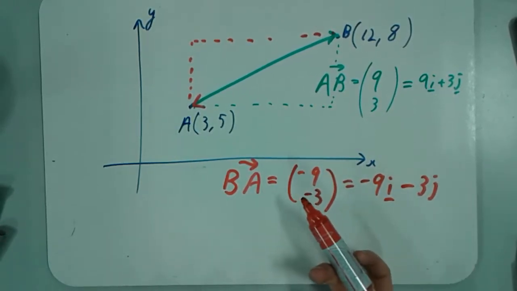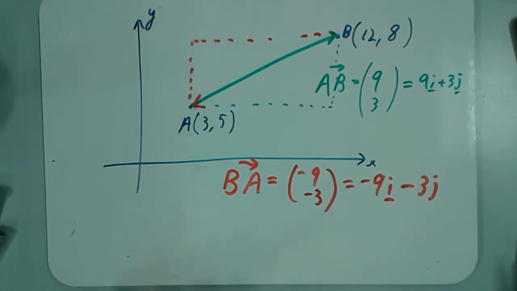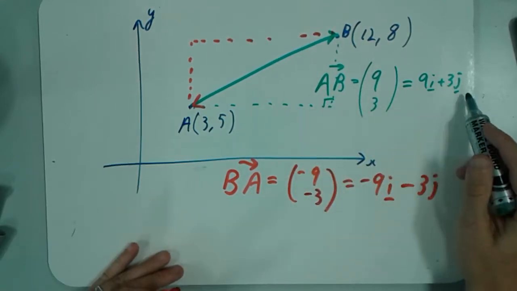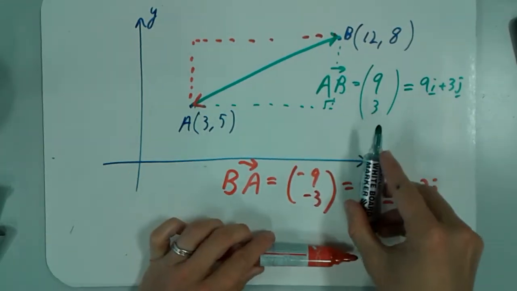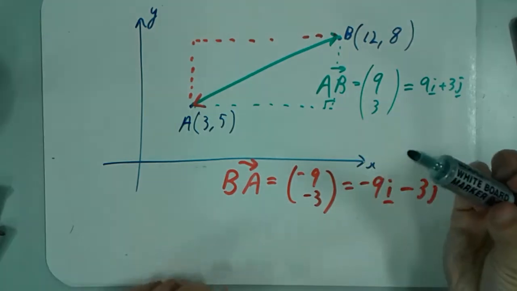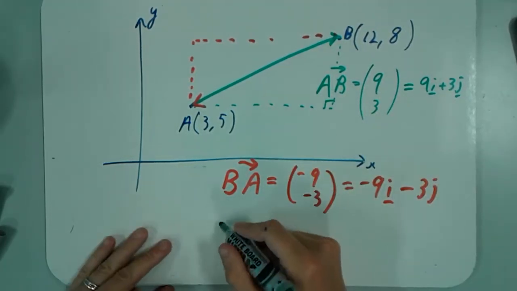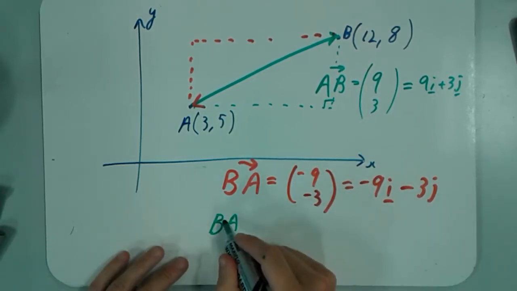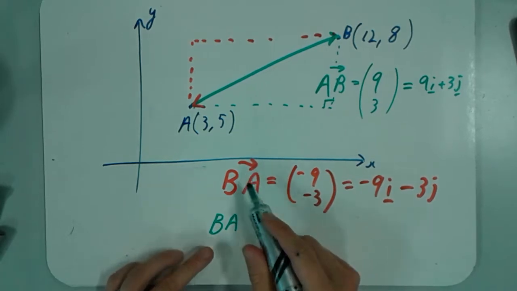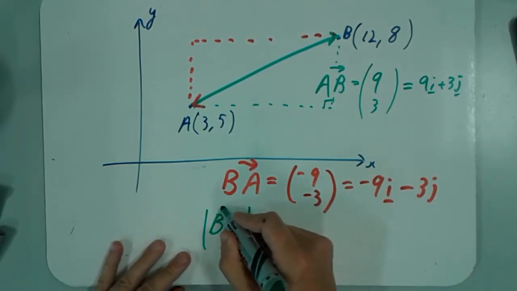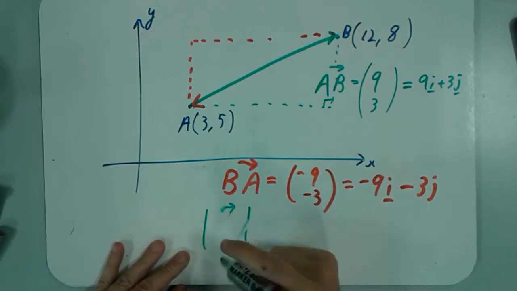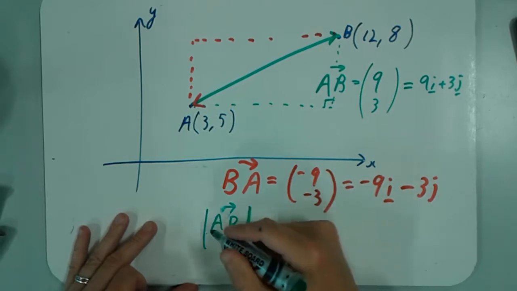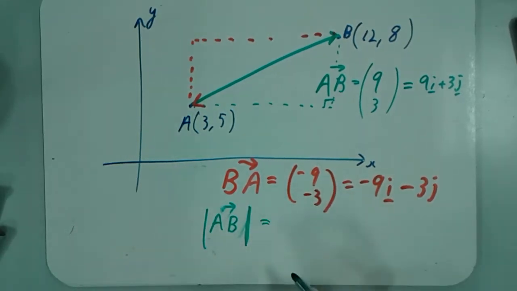So how do we find the length of a vector? Just the same as when we were doing coordinate geometry before. We form right angle triangles. i and j are perpendicular to each other. We have horizontal and vertical, so we just use Pythagoras' theorem. So for AB, we can either write it like this with no arrow across it, or alternatively, we can put these vertical lines around it.